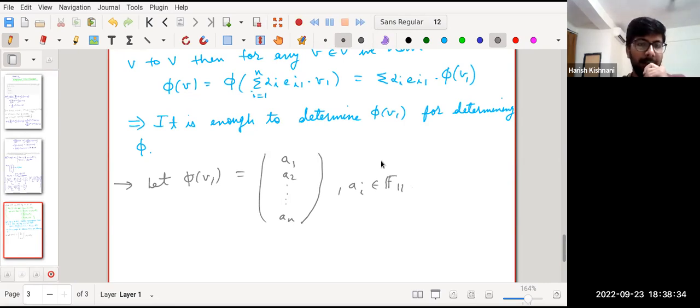See, if this is the final answer, then how many choices do you have? For a1, you have F11 choices, for a2 you have F11 choices. So it will be 11 raised to n, the number of module homomorphisms. Or do you think that somehow we can cancel some values, and maybe we will have a smaller number of module homomorphisms? Which idea? No?